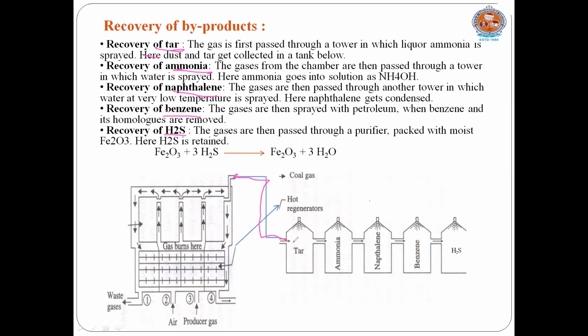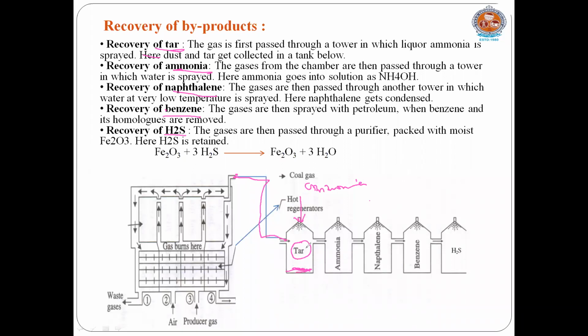Coal gas is allowed into one chamber and ammonia is sprayed. Here liquor ammonia is sprayed, condensing the high molecular weight hydrocarbon tar-like material from the coal gas, which settles down into the bottom. So the ammonia condenses the highly viscous or semi-solid substance like tar, and it settles down into the bottom place.